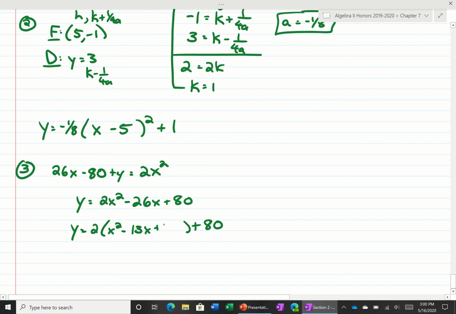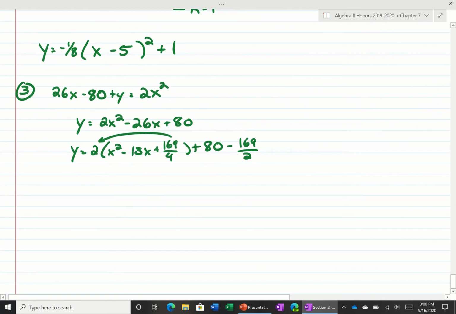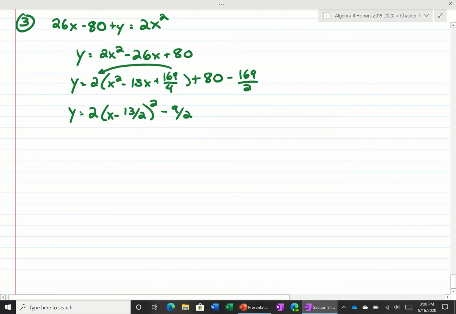Squared would be 169 over 4. Times 2 is 169 over 2. And then we have to subtract 169 over 2. So we get that y is equal to 2 times (x minus 13 over 2) squared. And then this would be minus 9/2. So that's our vertex form.